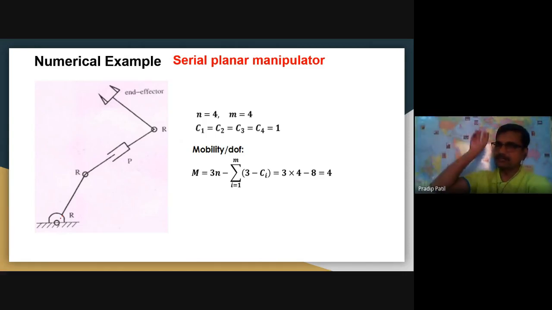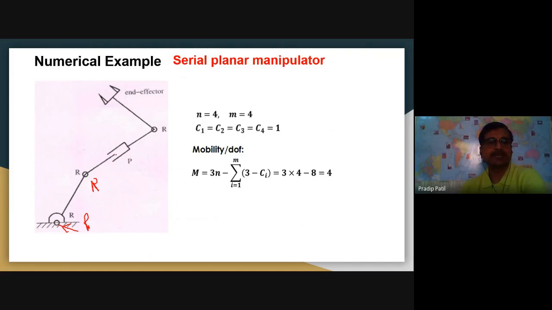So this is a serial manipulator, which is a planar manipulator. And it will have, let us say, I represented it by different joints. For example, this one is your revolute joint. This one is also a revolute joint. This is a prismatic joint. You can see here, this is a rotary joint, and this is the end effector. So maybe the end effector is used for holding some job here.